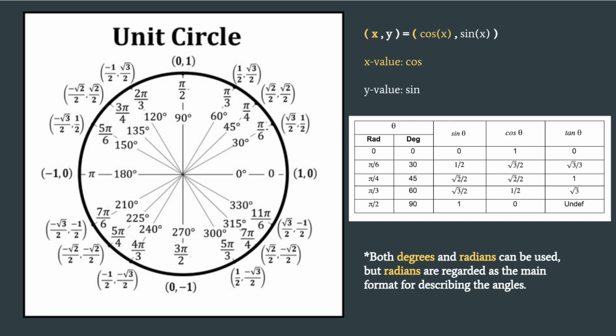Lastly, at 90 degrees, which is pi over 2, sine is 1, cosine is 0, and tangent is undefined. Also, there are some specific patterns in between these trigonometric values. If you can find this pattern, it will really help you in your future.